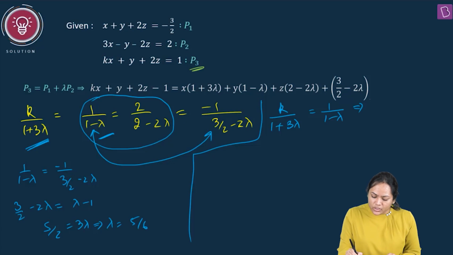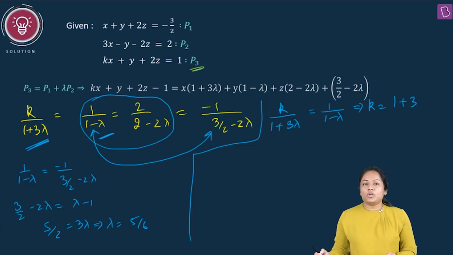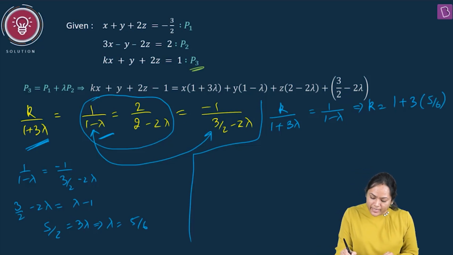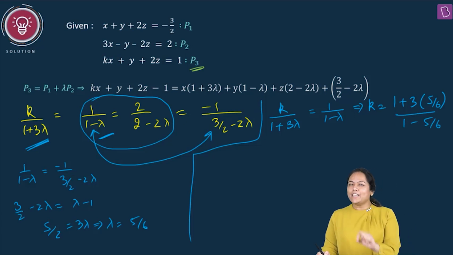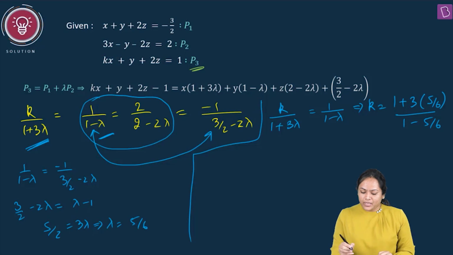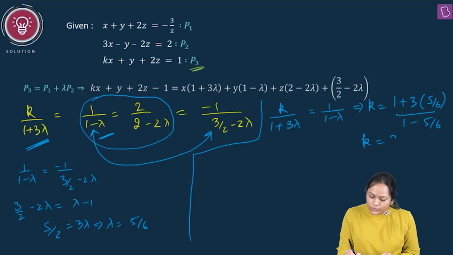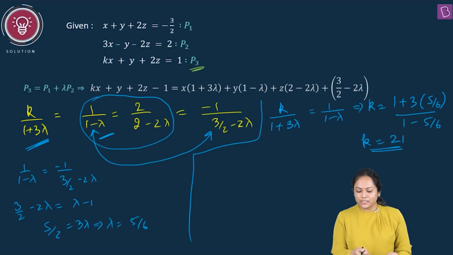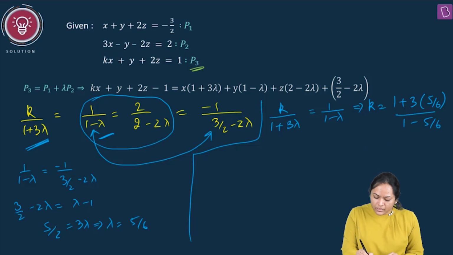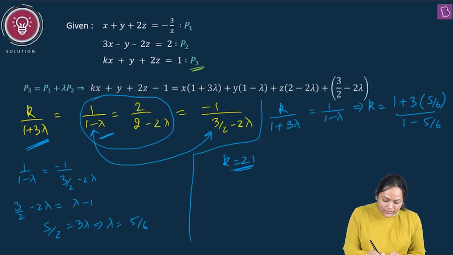And when I actually find the value of k, it's coming out as 1 plus 3 times of, now I'll substitute the value of lambda, so it's 3 times of 5 by 6 divided by 1 minus 5 by 6. And here when you actually take the LCM, it's going to become k is equal to 21. This will be the final answer.